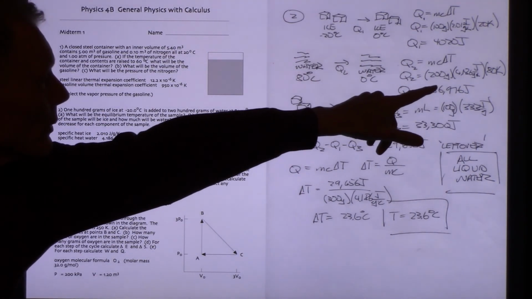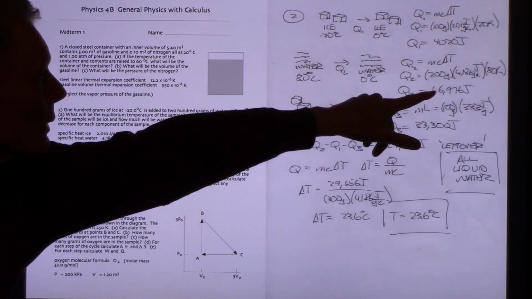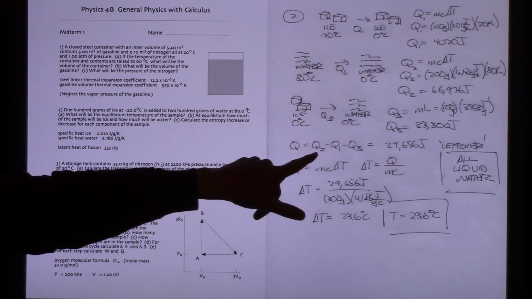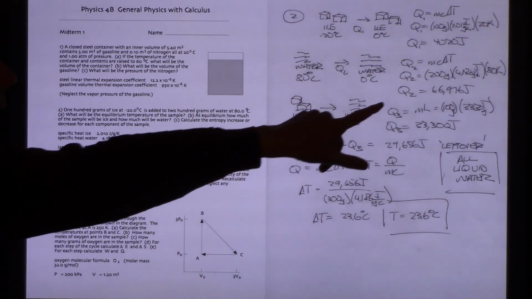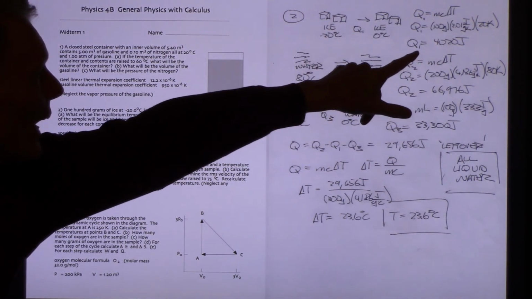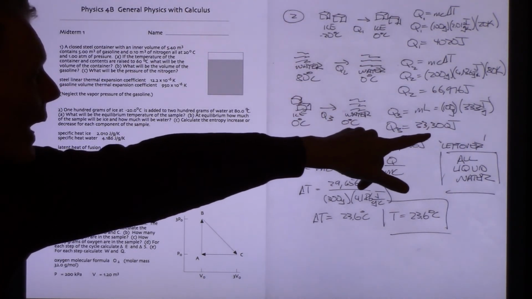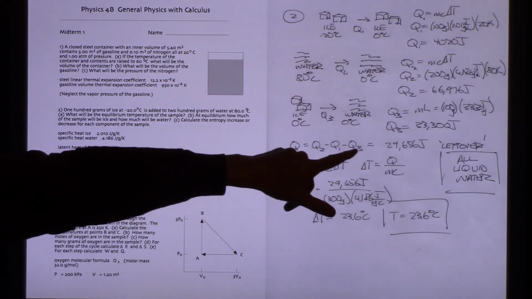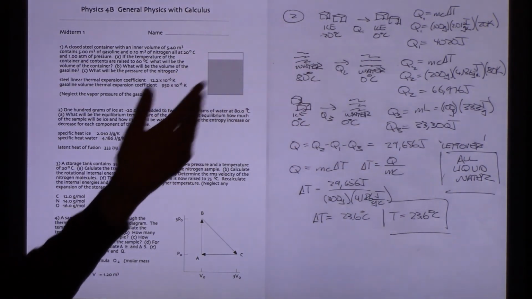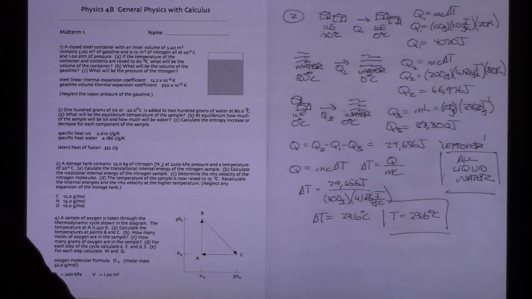Well, the water dropping in temperature here made available 67,000 joules. That's Q2. And then from that 67,000, I have used 4,000 to raise the temperature of the ice and 33,000 to melt the ice. I still have 29,600 and something joules available left over once we have melted all the ice.